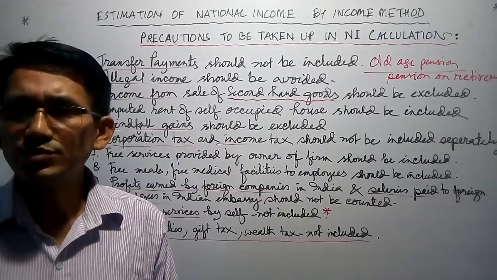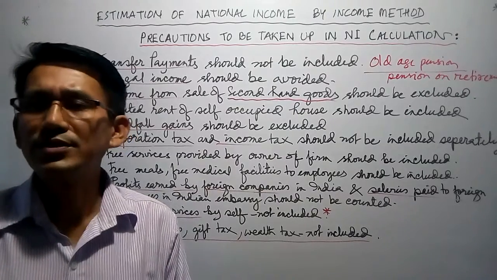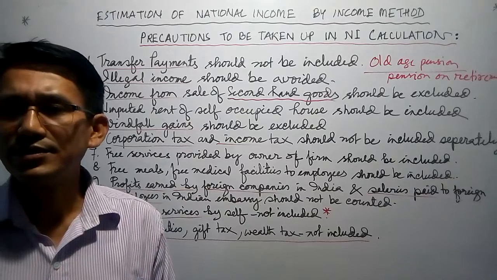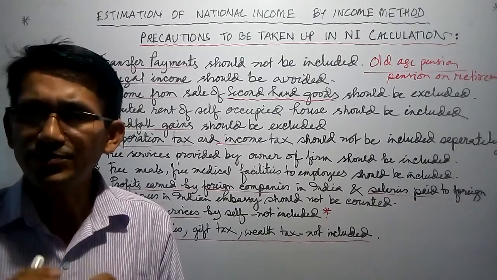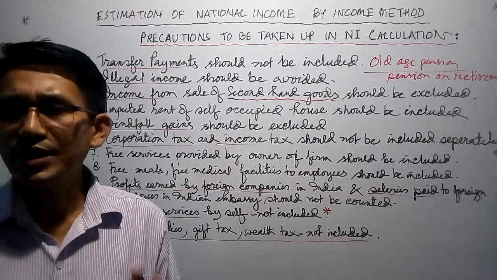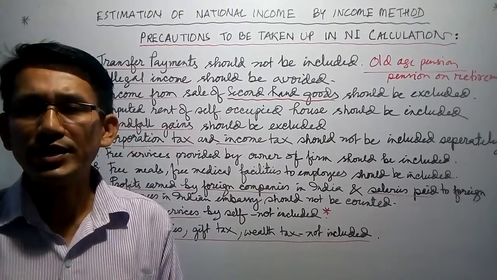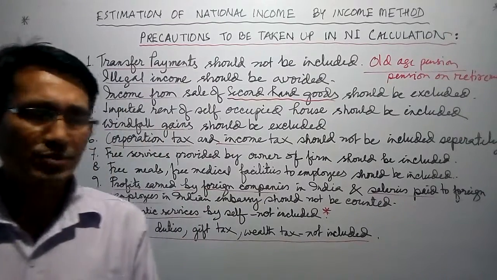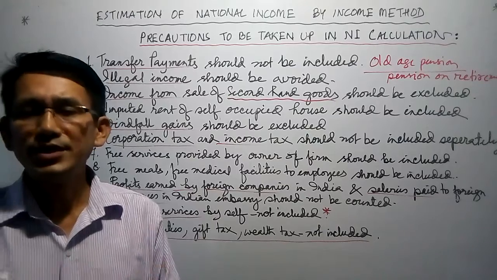Owners do production in their own building, but they do not charge any rent. Although they do not charge anything, yet their services have been already performed. So the imputed value of their factor services must be included in the national income. Even though it is not seen from outside, it should be included.